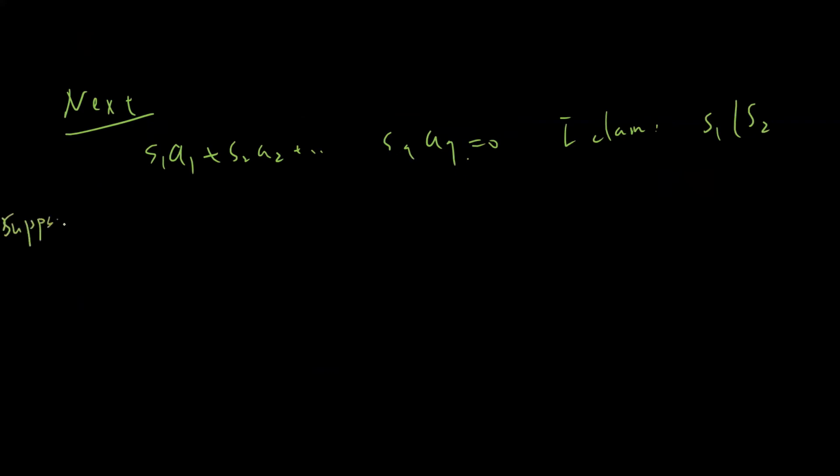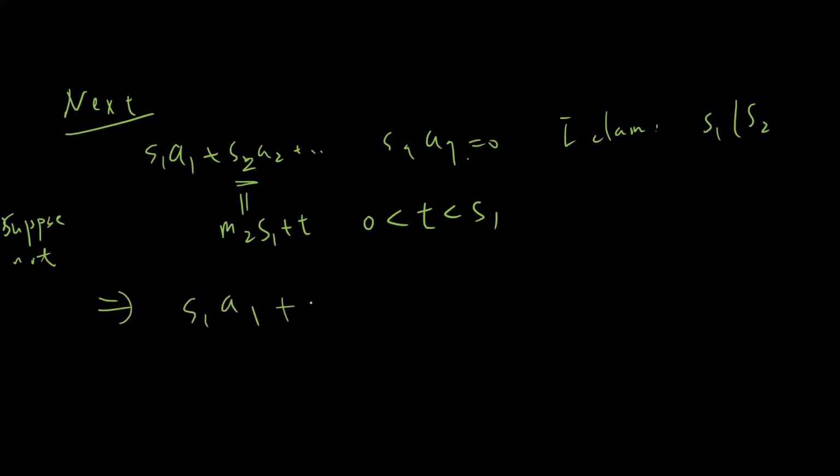That means I can use S1 to divide S2, so for example, I can write S2 as M2 S1 + T. And if S1 does not divide S2, then T should be less than S1. So if this is the case, then I can write this equation as S1 A1 + M2 S1 A2 + T A2 + ... + SQ AQ = 0.